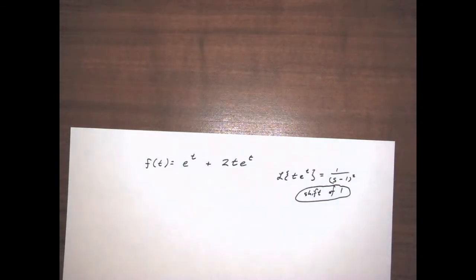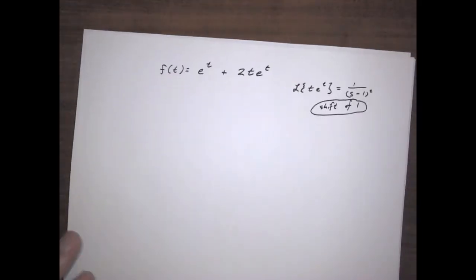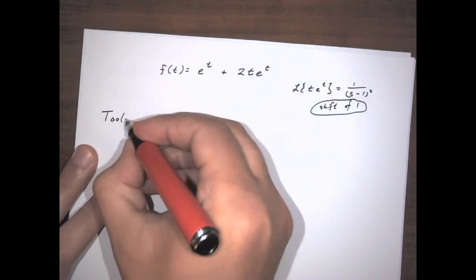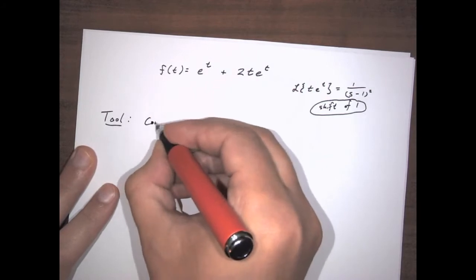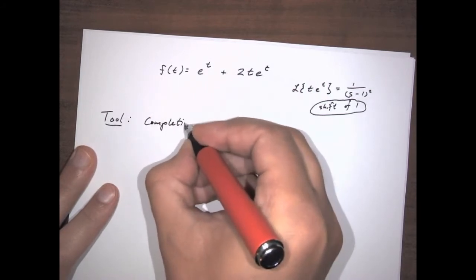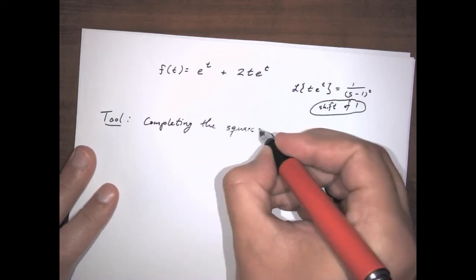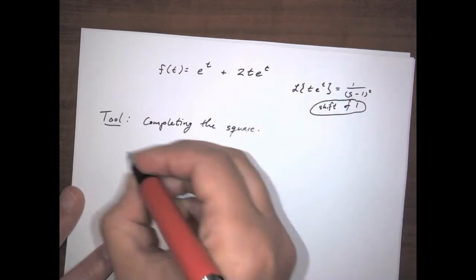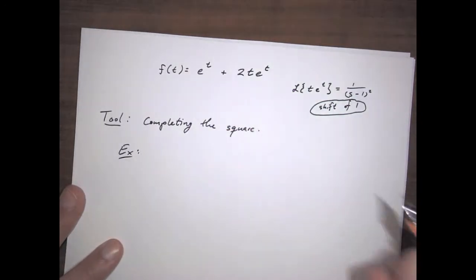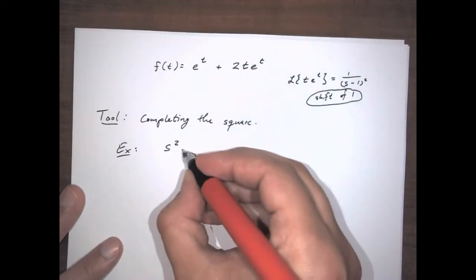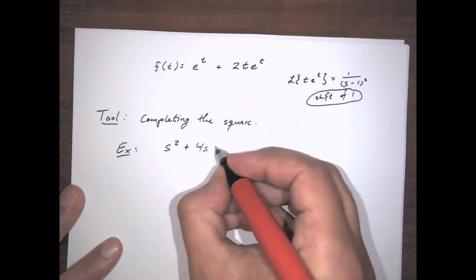So that will be one of the approaches, to try to rewrite all the occurrences of s by some consistent shifted version of s. A tool that will come in handy for doing this is completing the square. So for example, let's say what we had was something like s squared plus 4s plus 8.